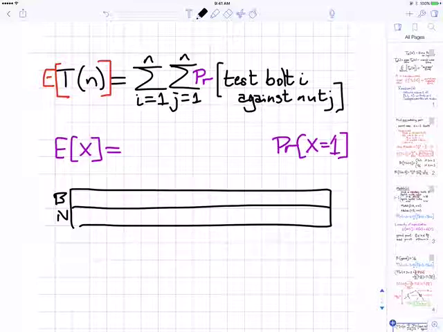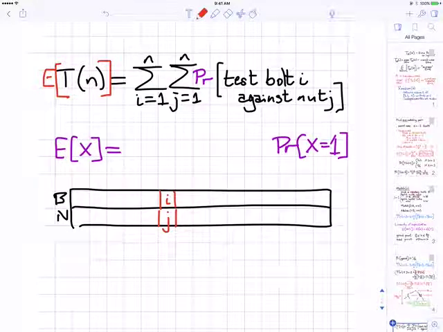Okay, and then I'm going to pick a particular bolt I and a particular nut J, and I want to know what's the probability that I compared those two objects. All right, so maybe as a sanity check, let me consider the easy special case.